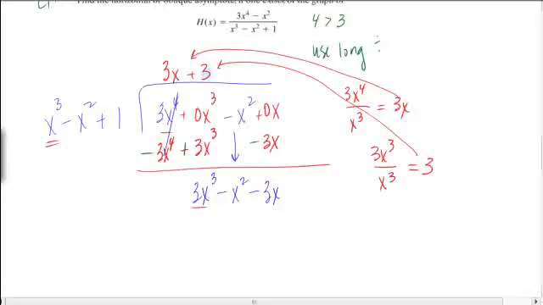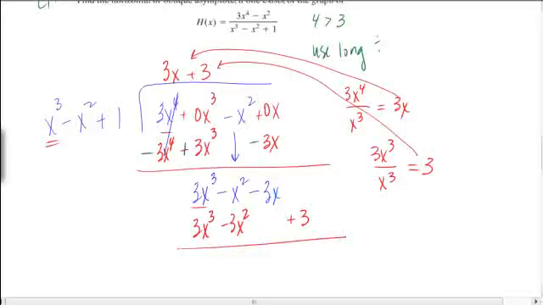And I multiply this 3 times each one of these three terms. So 3 times x cubed would be 3x cubed. 3 times a negative x squared is a negative 3x squared. And 3 times 3 would be a positive 9, because I can't put that underneath this x since it is not a like term.